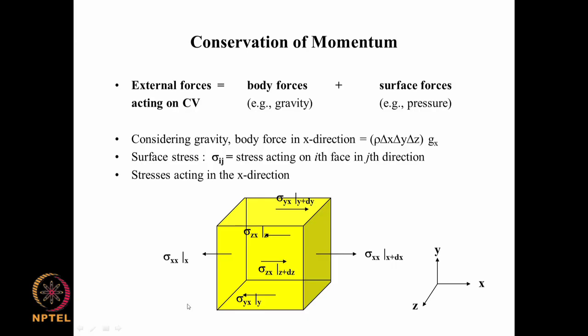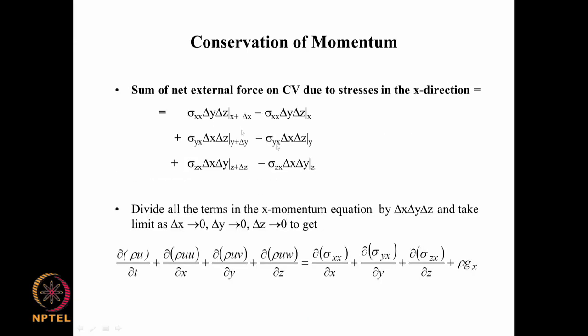So, we can write down the sum of net external forces on the control volume due to stresses acting on the enveloping faces of this control volume, stresses in the x direction only, because only a force acting in the x direction will lead to change in the linear momentum in the x direction, which is what we are considering.